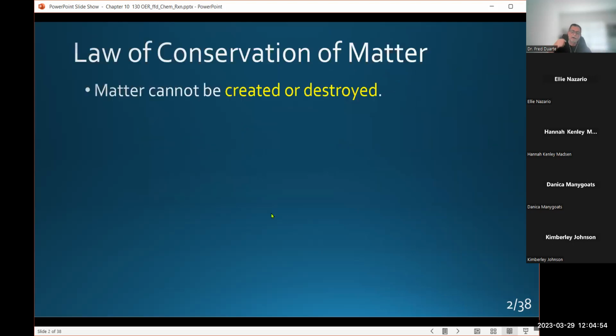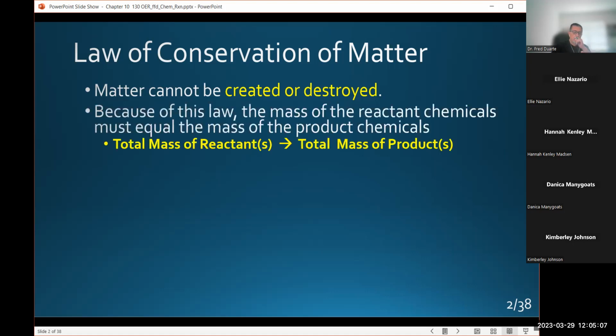That is the conservation of matter law, because matter, as we know, is neither created nor destroyed and basically just moved around.